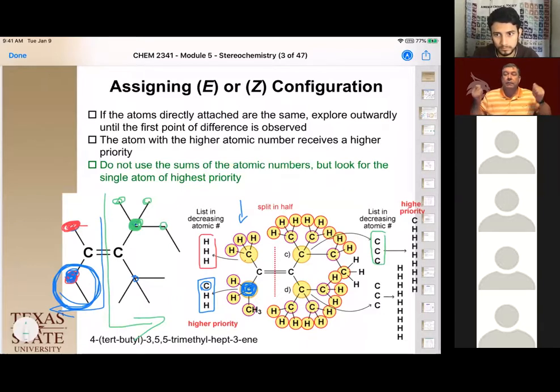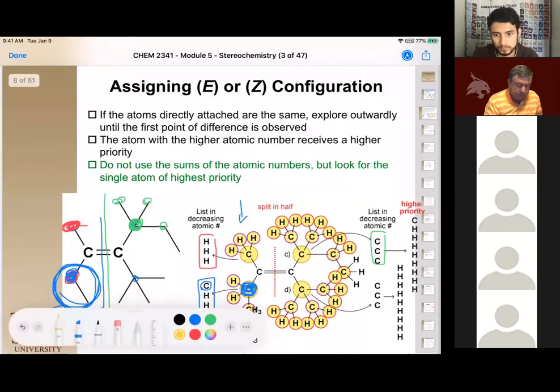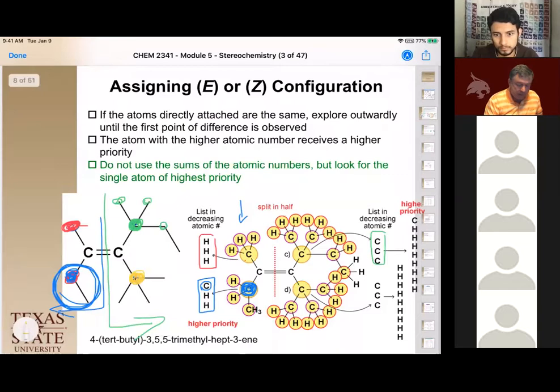All right, great, that's probably going to be the highest priority, right? Well, let's look at the other one. Here we have a carbon attached to 3 carbons. Uh-oh, it's exactly the same. We've moved 1 carbon over from our double bond, and we have the same number. Then we look at what it's attached to, and we still have the same number.